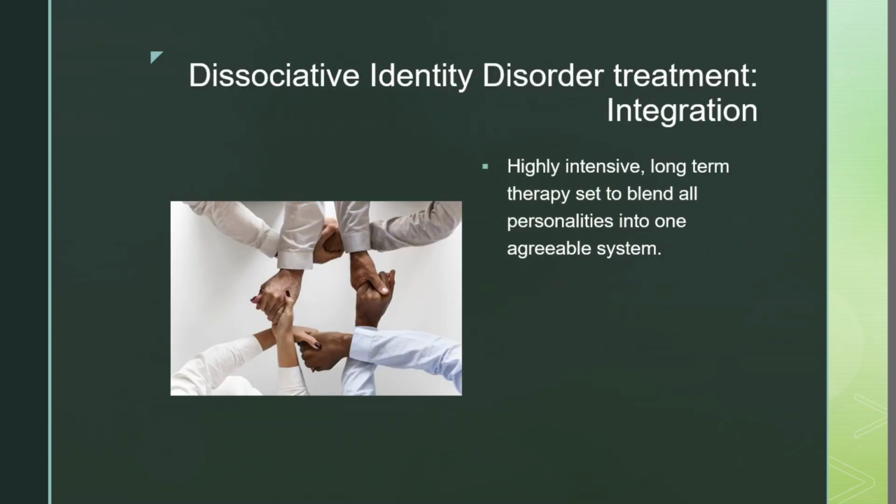The only thing you really need to know about dissociative identity disorder is a treatment called integration. This is where the psychiatrist and the patient have really long-term therapy. It's very highly intensive, and it's basically asking the patient to have their personalities really get along with each other.